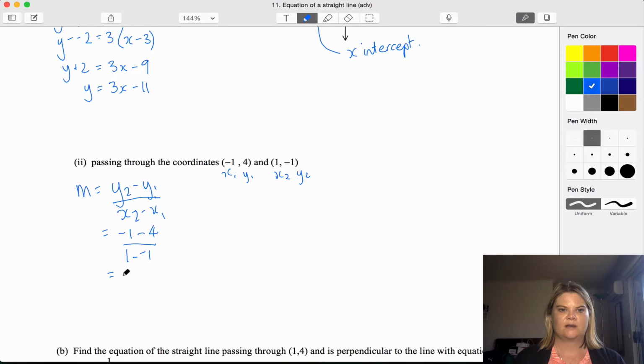Negative 1 take 4 is negative 5. 1 plus 1 is 2. So our gradient is 5 over 2.